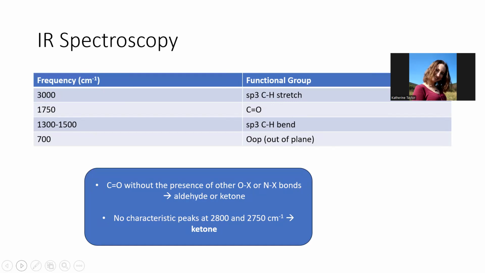So this molecule is either an aldehyde or a ketone. To distinguish between the two, we know that aldehydes have two characteristic peaks at about 2800 and 2750 centimeters to the -1, and we're not seeing those peaks on our spectrum, so we can assume that this compound is a ketone that has an aromatic ring somewhere in it.